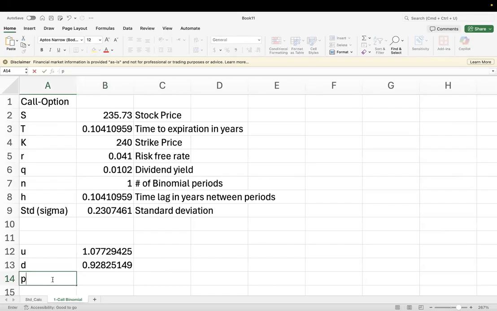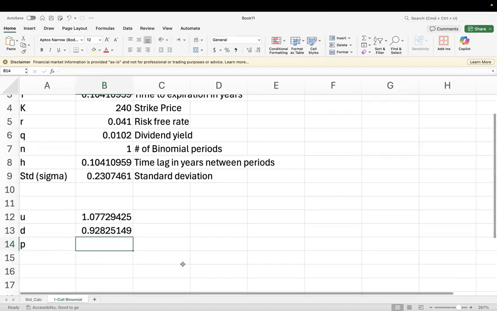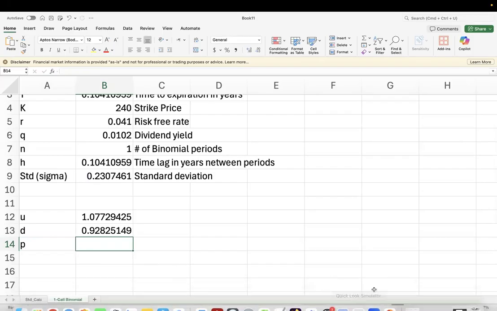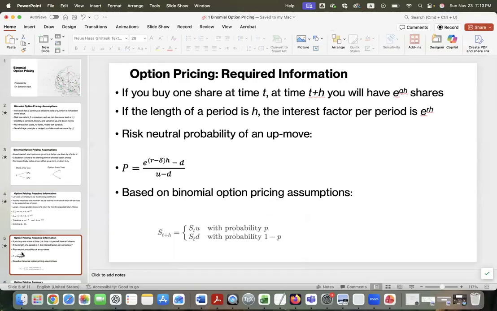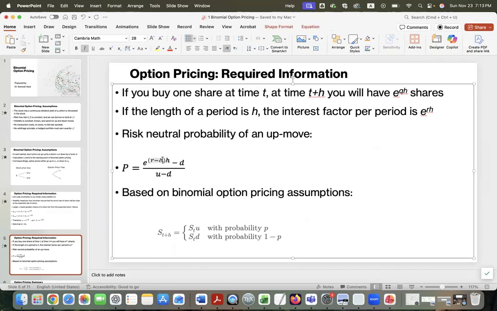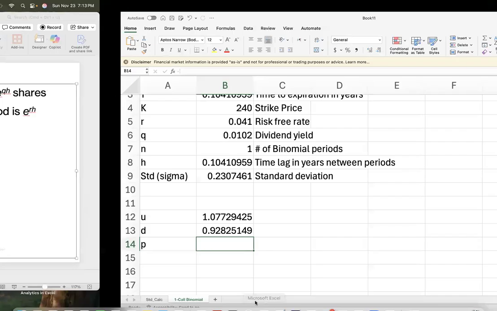Then next one is P. How do we define P? P is, so numerator is e to the R minus, so this delta is just dividends, yes? R minus Q times H, minus D, over U minus D. Let me form that.